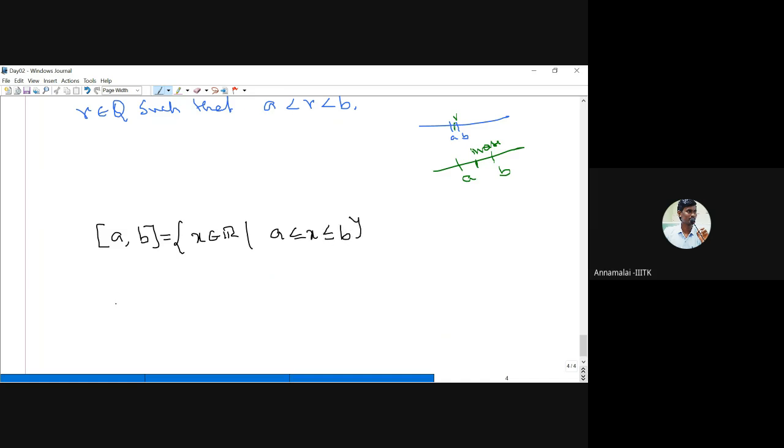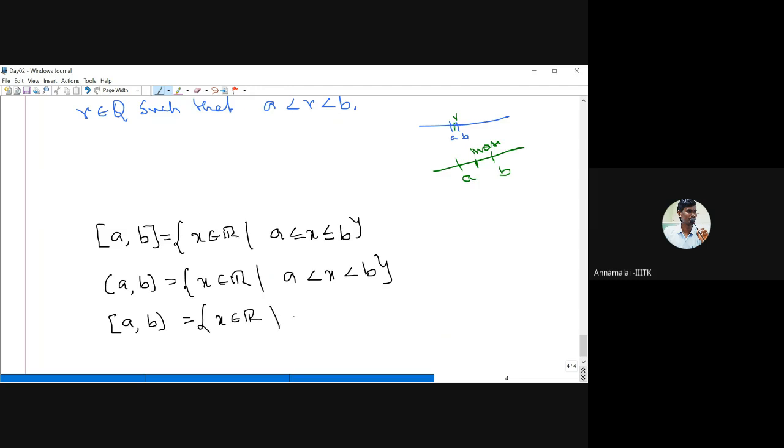An open interval means all the real numbers between a and b, excluding a and b, the set of all real x with a strictly less than x strictly less than b. If we take one side closed and one side open, this is the half-open interval, the collection of all real numbers between a and b including a but excluding b.